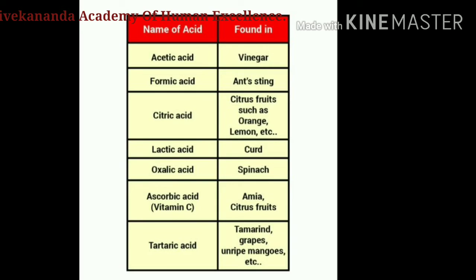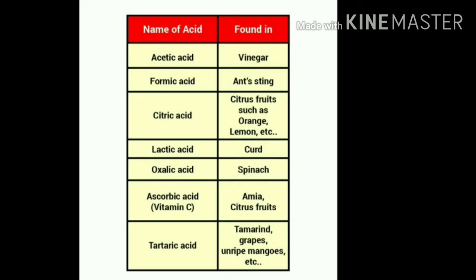Formic acid is found in ants' sting. Citric acid is found in citrus fruits such as orange, lemon, etc. Lactic acid is found in curd. Oxalic acid is found in spinach.